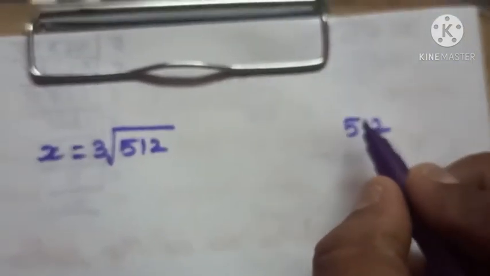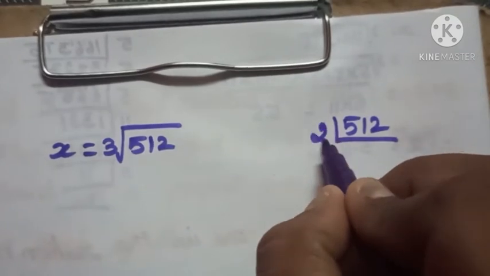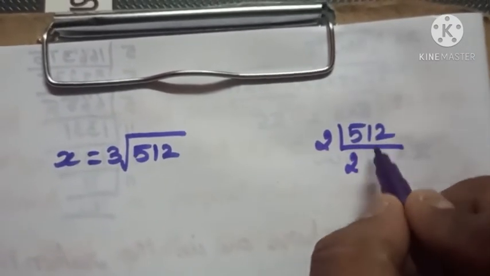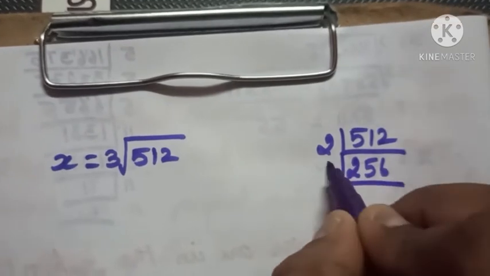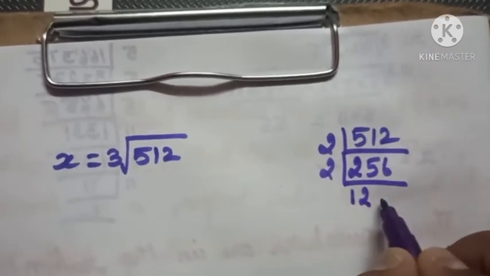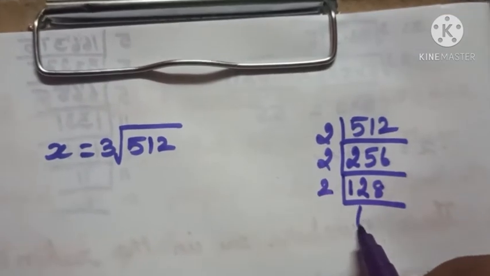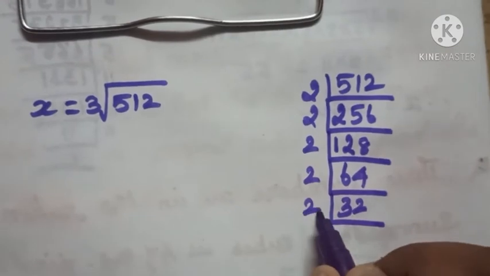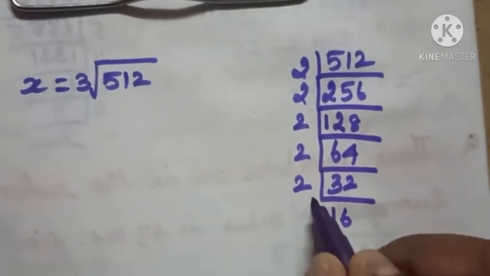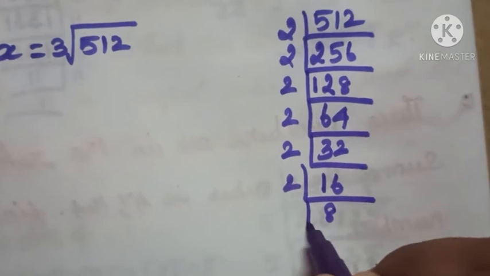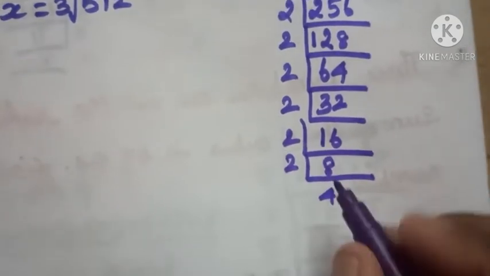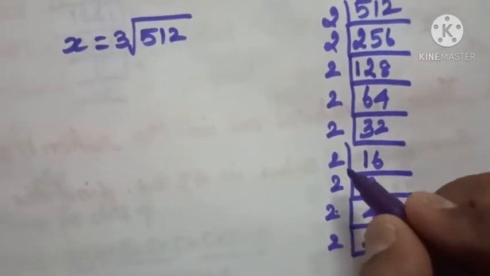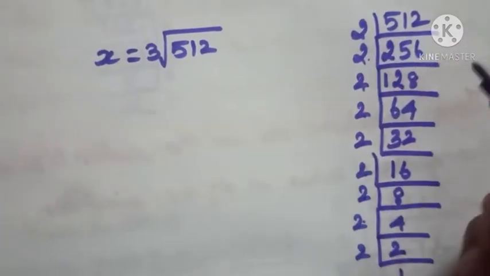Dividing by 2: 2 ones are 2, 2 twos are 4, 2 eights are 16, 2 sixes are 12, 2 fours are 8, then 32. The process goes on until we get 9 twos in all.